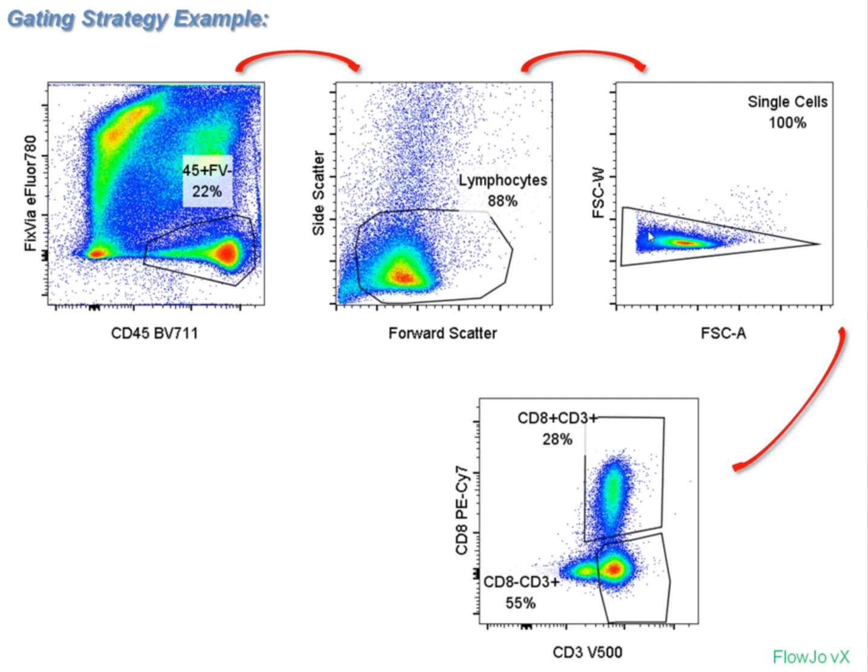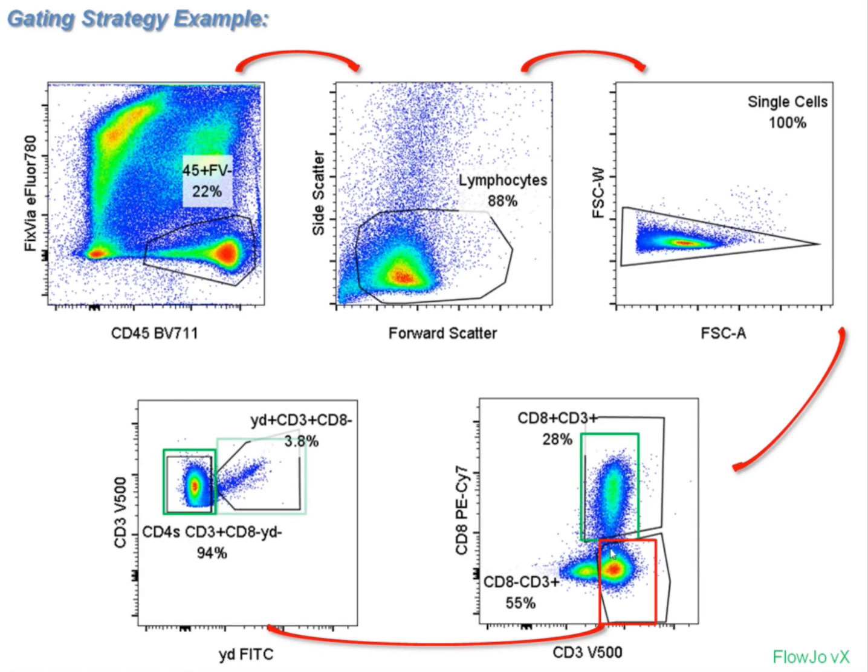Then from my single live lymphocytes, I've looked at CD3, which is a T cell marker, and CD8, which is a T cell subset marker, and identified my cells that are CD3 positive, CD8 negative, and also CD8 positive, CD3 positive. Of the CD3 positive, CD8 negative cells, I've drilled down and looked at another marker, TCR gamma delta, versus CD3. I have a population that are CD3 positive, gamma delta negative, and a population that are gamma delta positive, CD3 positive.